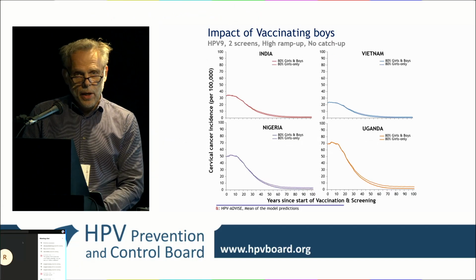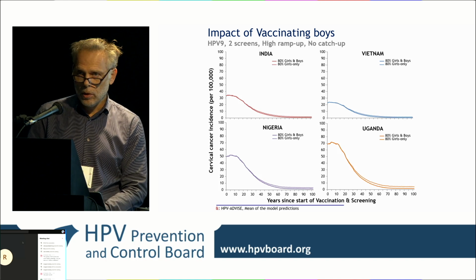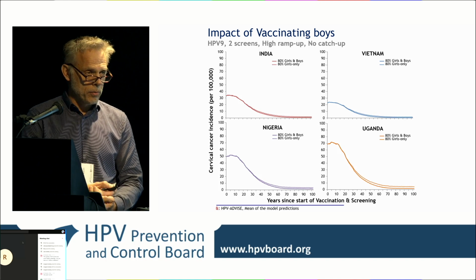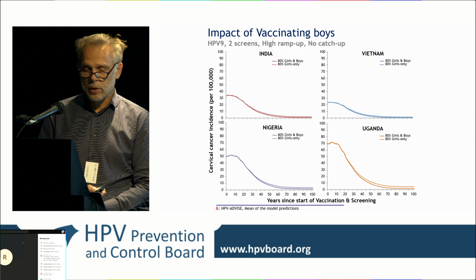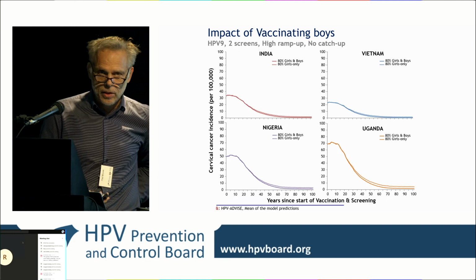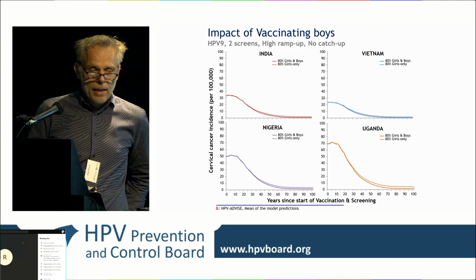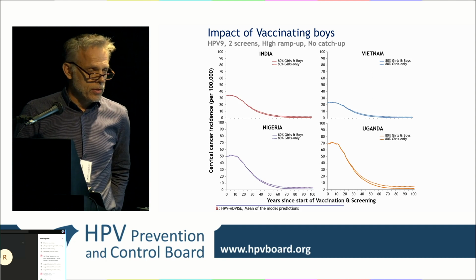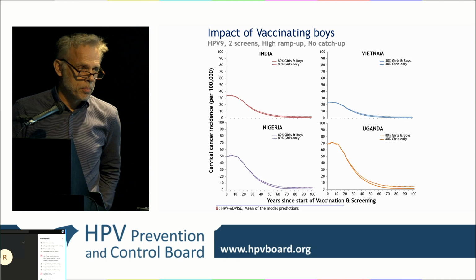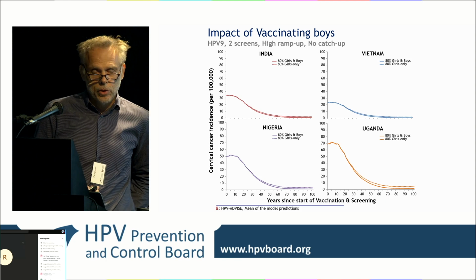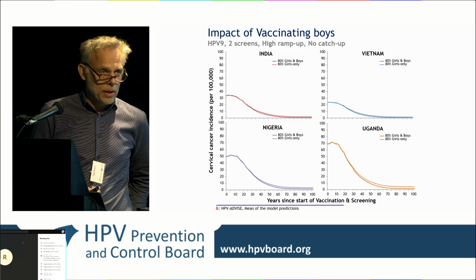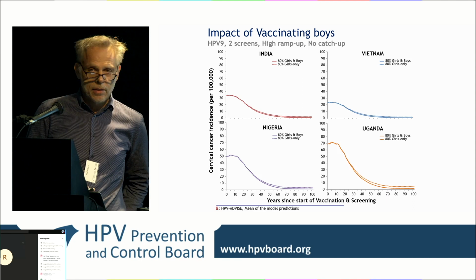So we have not talked about boys, but in the work that we did, of course, we looked at, and this is all part of the sensitivity analysis, does it matter adding boys? The same analysis had been done just the year before when we did the WHO position paper, and looked at this question with SAGE: does it add a lot?